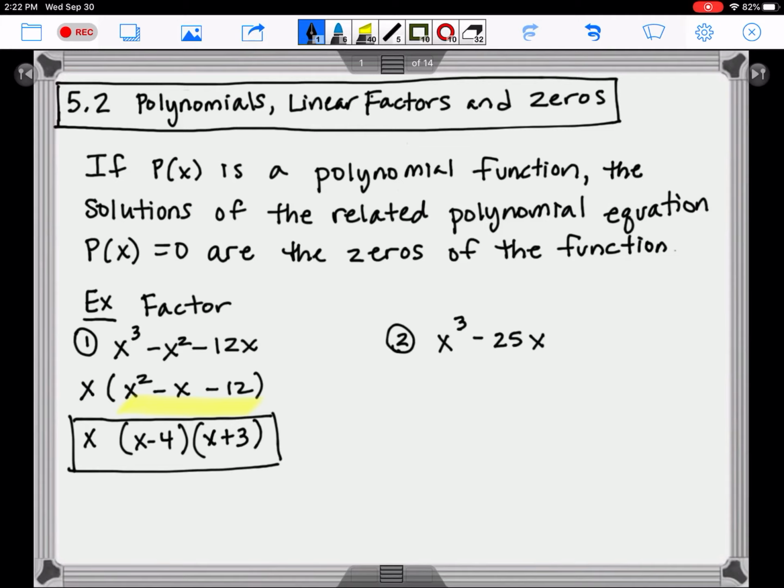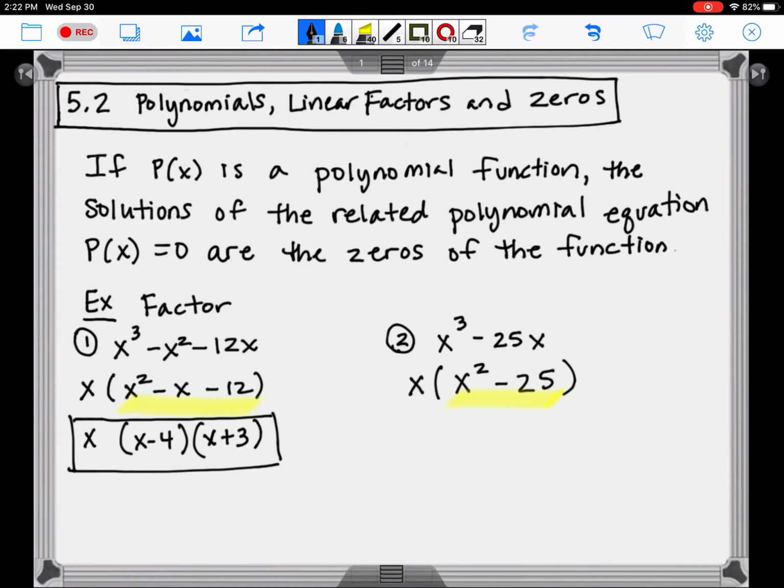Looking at this second example, we have x to the third minus 25x. Again, looking for the greatest common factor, I'm going to factor out an x, and I get x squared minus 25. Can you factor this x squared minus 25 any further? The answer is yes.